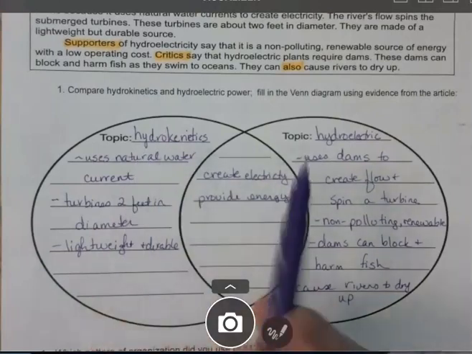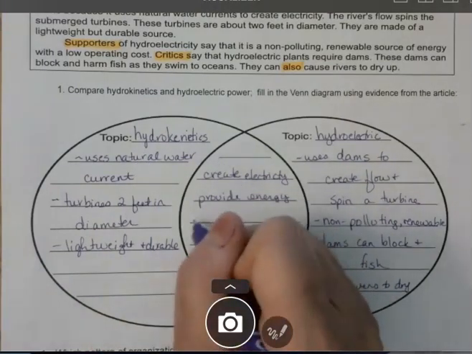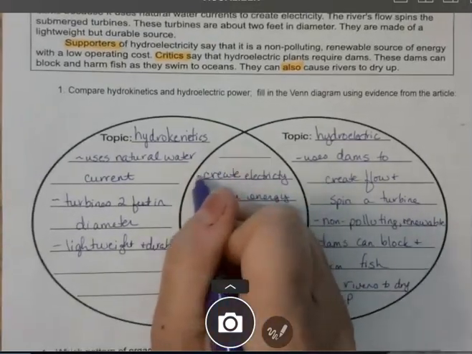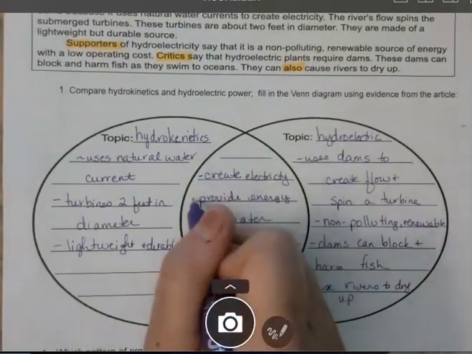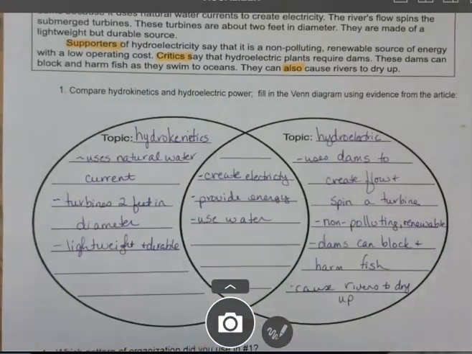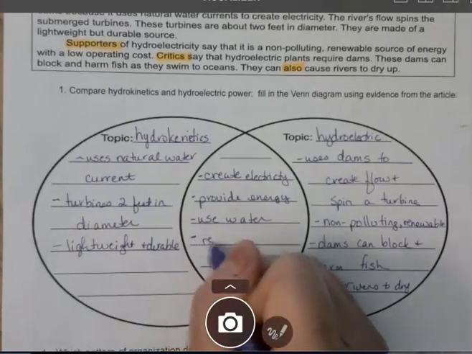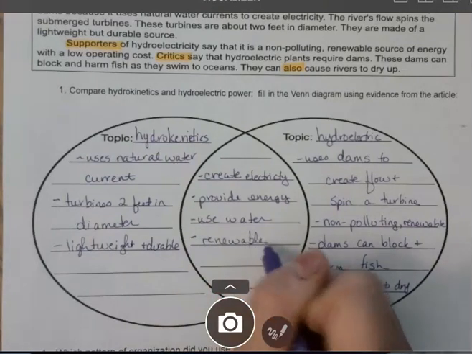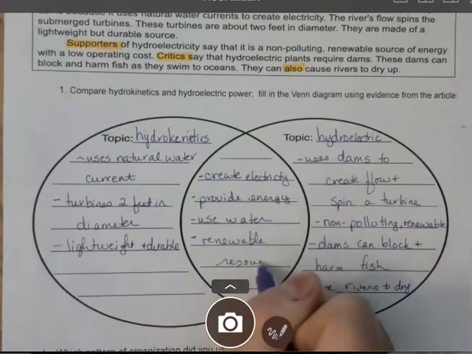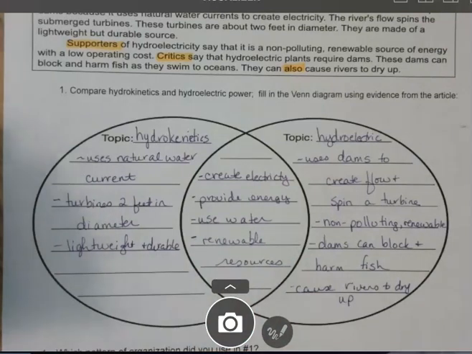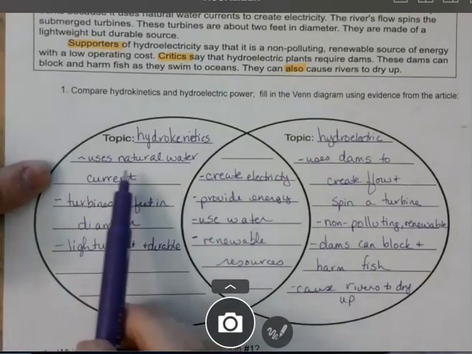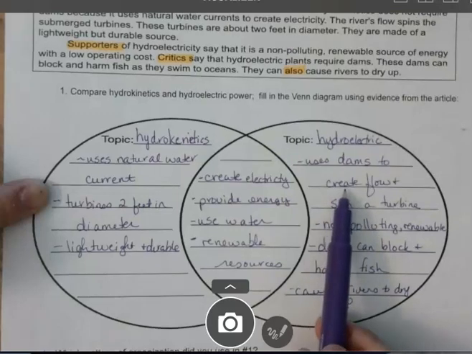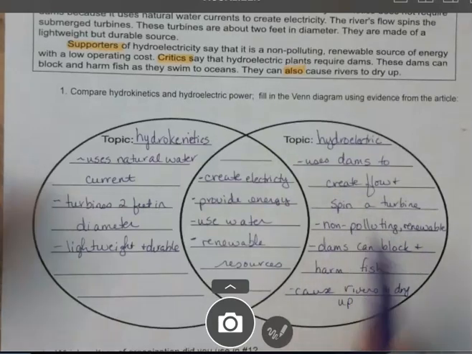All right, so here is what I came up with. For hydrokinetics and hydroelectricity, they both, and I didn't put this, but they use water to create electricity, and that electricity provides energy, and both of them are like renewable resources, which is a problem when we think about energy in our world. Hydrokinetics uses the natural water flow, while hydroelectricity uses dams to create a flow that spins a turbine.